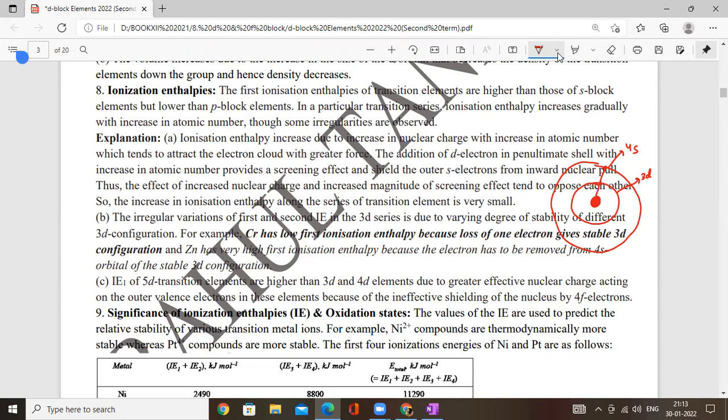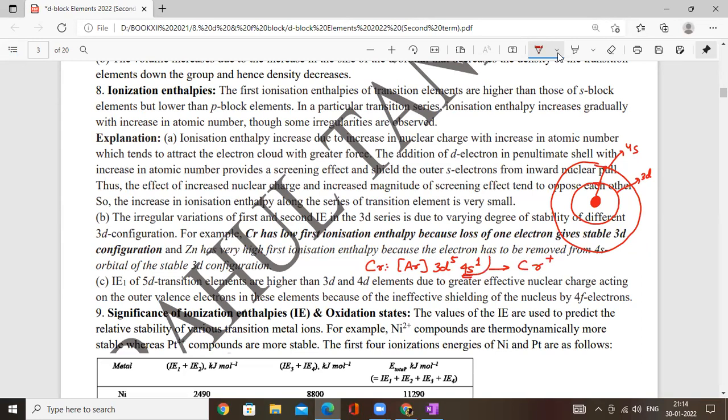As I said, when I am talking about chromium, chromium has a low first ionization enthalpy, because its electronic configuration is argon 18, 3d5 and 4s1. So if I remove this first electron, the first ionization energy will have a low value.